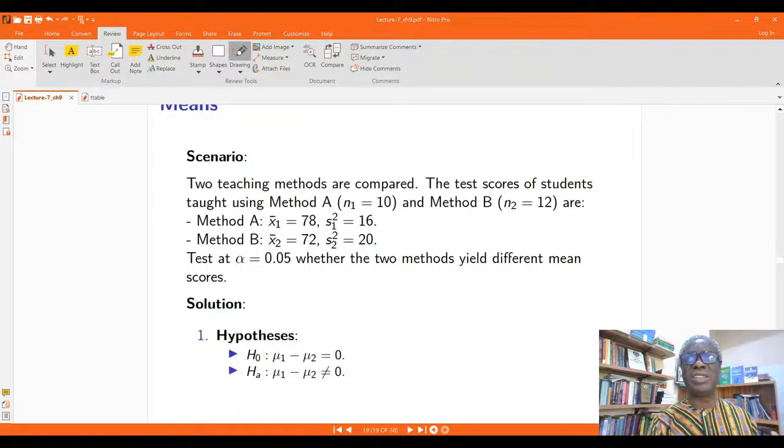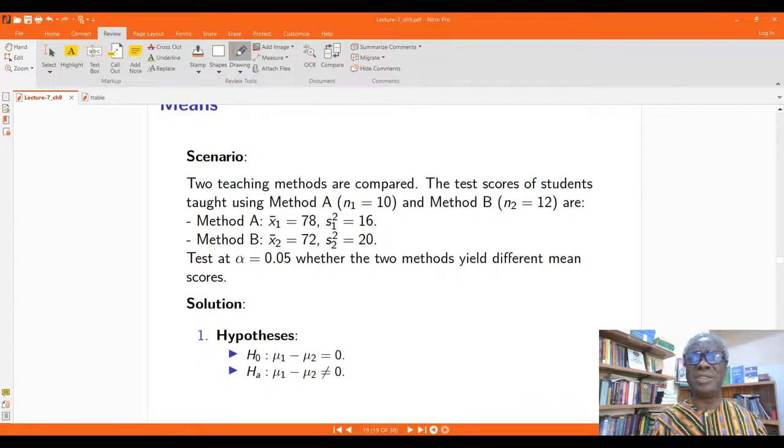The students that are taught with method A, 10 of them were sampled. The students that are taught with method B, 12 of them were sampled.